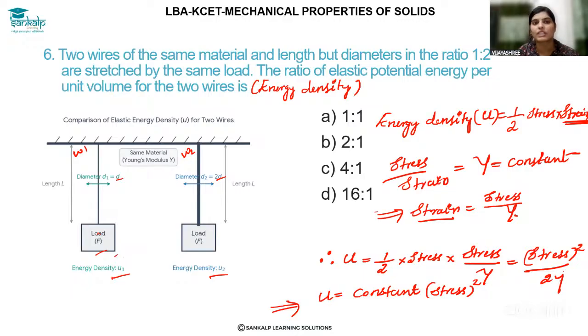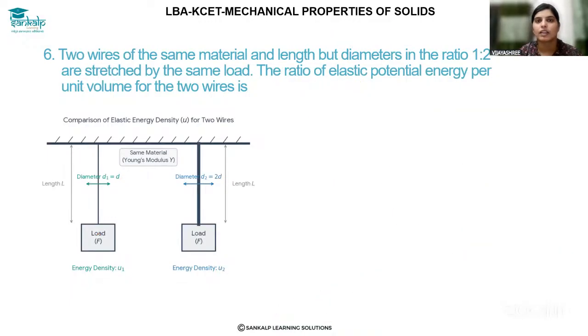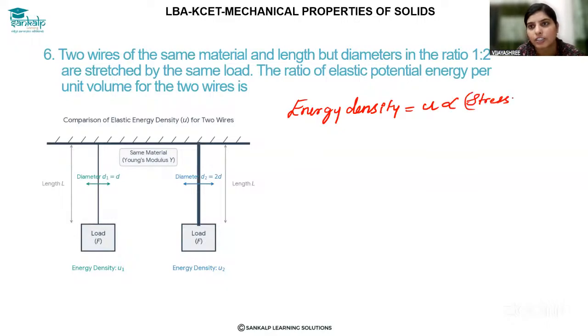Young's modulus is constant because both wires are made of the same material. Young's modulus is the same for both wires. That's why U is equal to constant into stress square. Energy density U is directly proportional to the square of the stress. Take it as equation number 1.